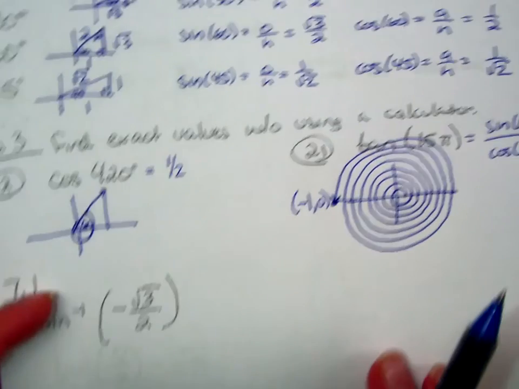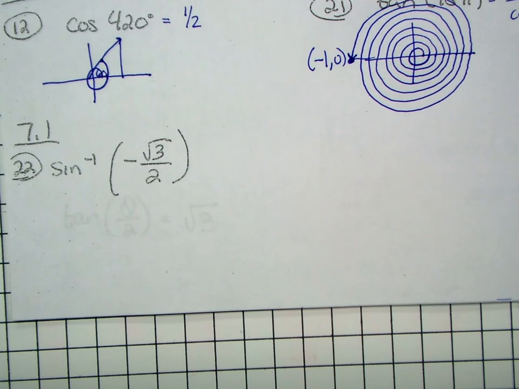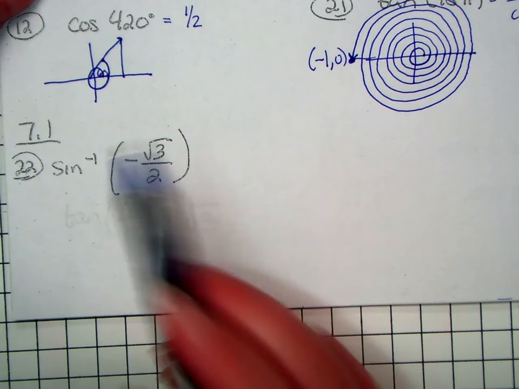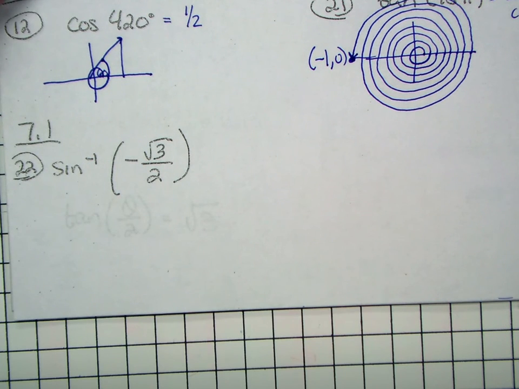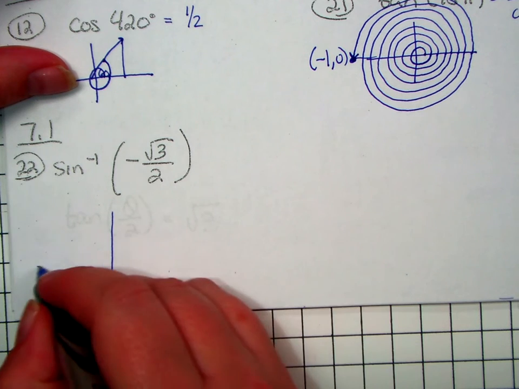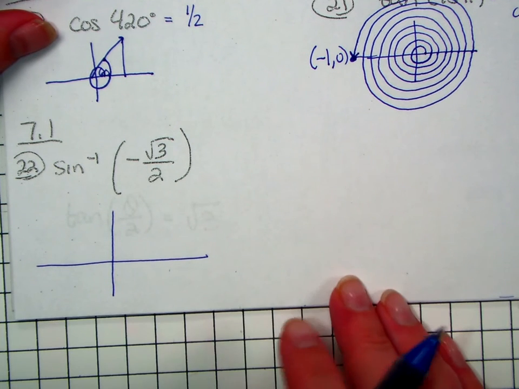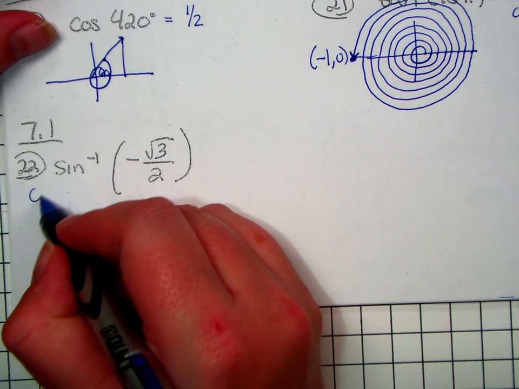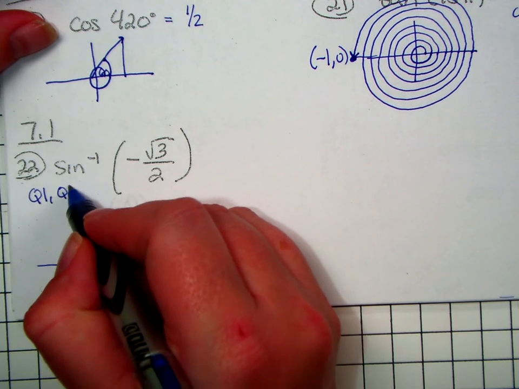All right. Next is evaluating inverse trig functions. Remember, this is where you need to draw those special triangles in the correct quadrant. So we have sine inverse of negative rad 3 over 2. Remember, sine inverse is restricted to quadrants 1 and 4.